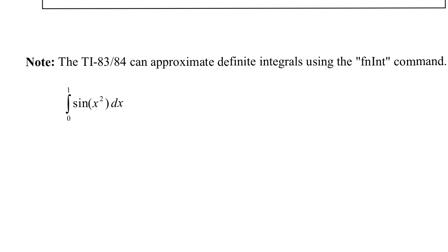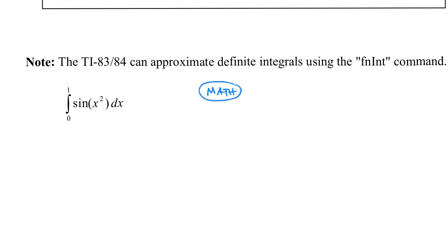So to make this work on your calculator, you have to press the math button. It's on the far left side of the calculator, and it's the third button down from the top. So you press the math button and then go to number 9.